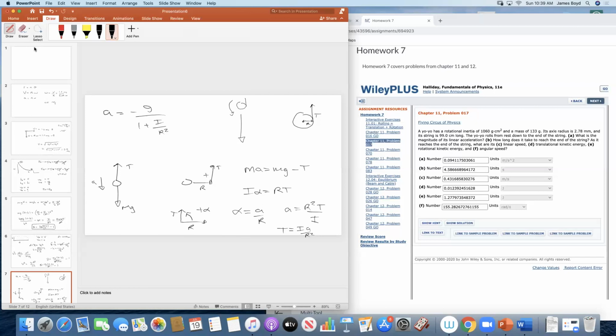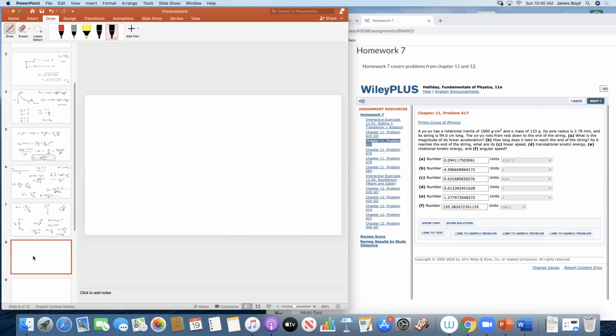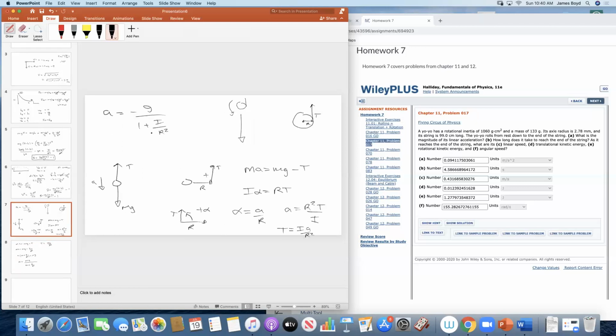Now, if I go to this and I say MA is mg minus T, but T is IA over R squared, plugging these things in, MA is mg minus IA over R squared, or A times m plus I over R squared is equal to mg, or A is mg over m plus I over R squared, and I think I forgot my m in this.